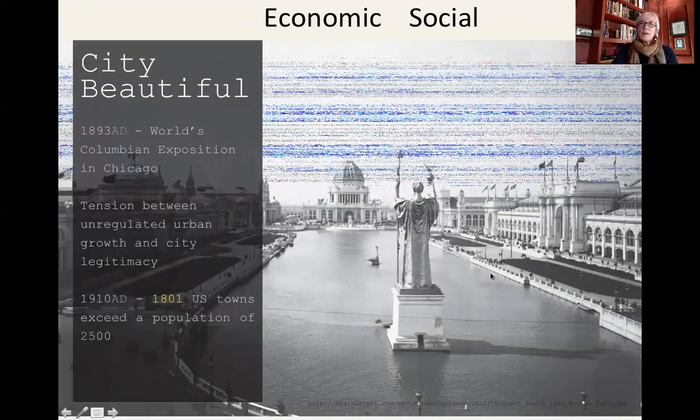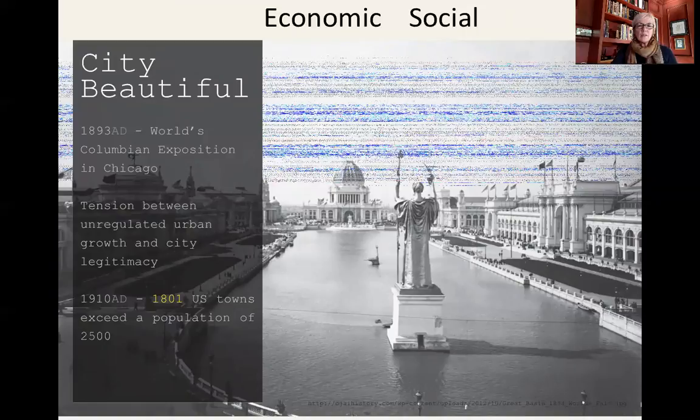So, things we want to think about as we look into this. One of the things that definitely started to happen was the City Beautiful movement. As the United States started to grow, there was very much a desire, both from an economic and a social standpoint, to create that beautiful city, the experiential aspects of these cities. This is an image from the World's Columbian Exposition in Chicago.